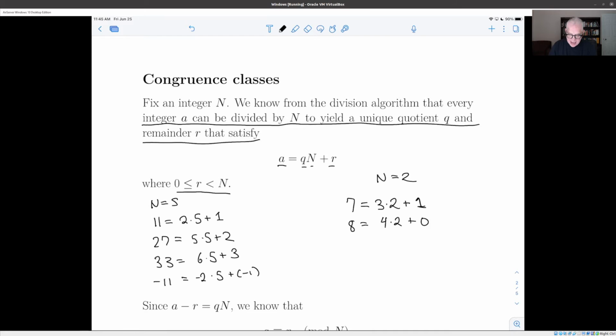And that's not allowed, because if you want the remainder to be between 0 and n, what you actually have to do is write negative 11 is negative 3 times 5, which is negative 15, and then you add back 4. And now your remainder is between 0 and 5. So the division algorithm works perfectly well for negative numbers, but sometimes the quotient isn't exactly what you would expect.